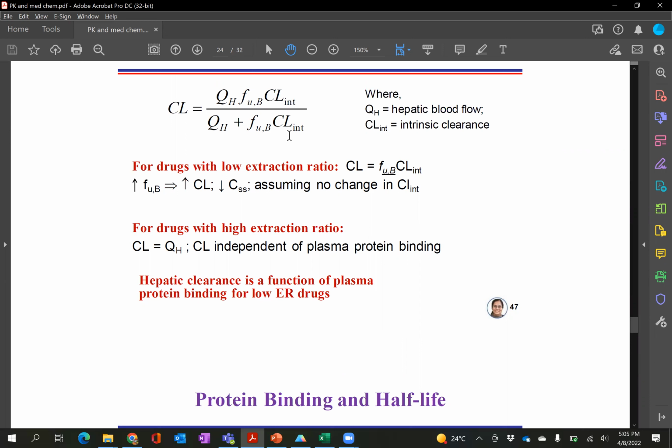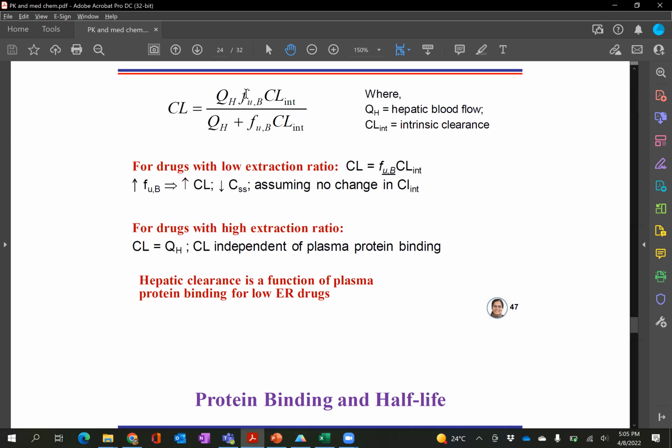Right, so that means this number is large, very large. Oh, sorry, this one is large. So clearance is very large. That means FUB times intrinsic clearance will be much larger than this one. This can be omitted.